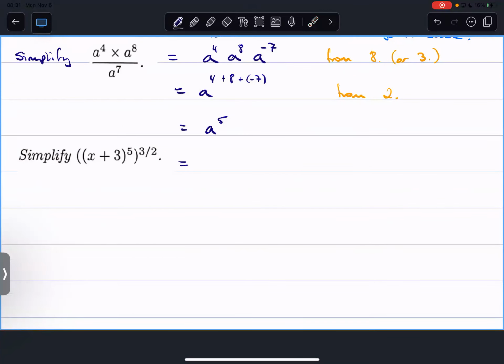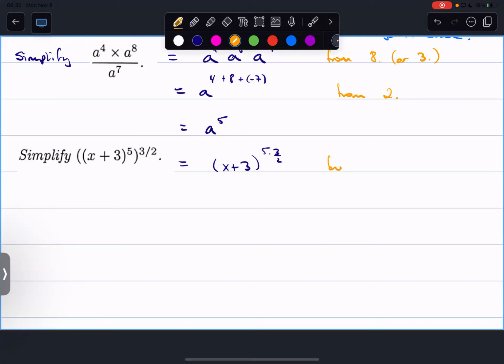So here I get x plus 3 to the power of 5 times 3 over 2, which is going to simplify to x plus 3 to the power of 15 over 2.